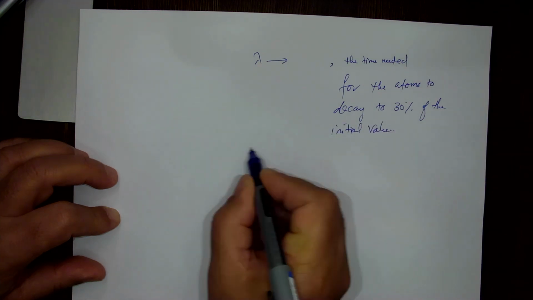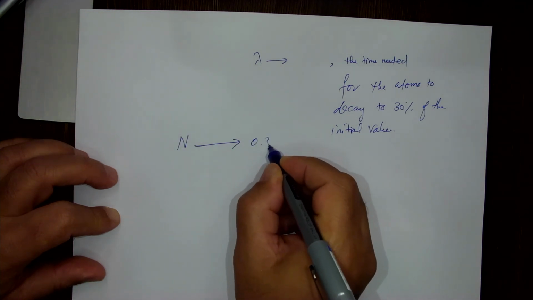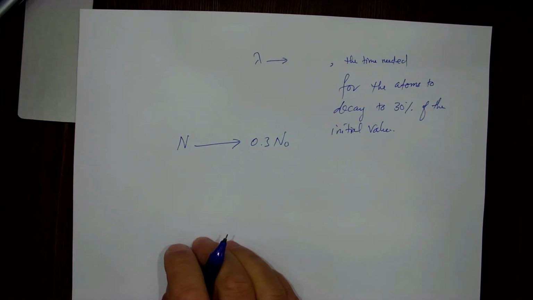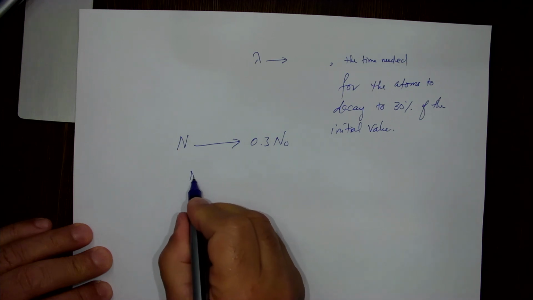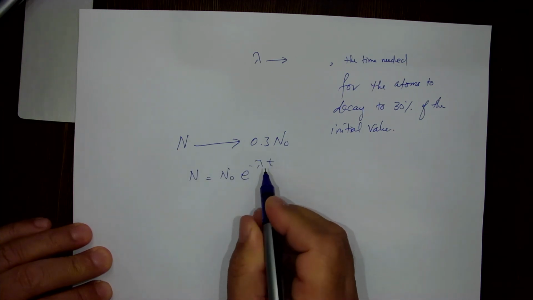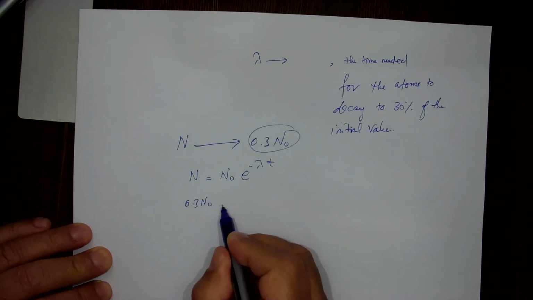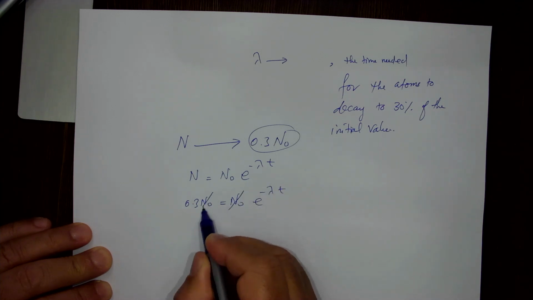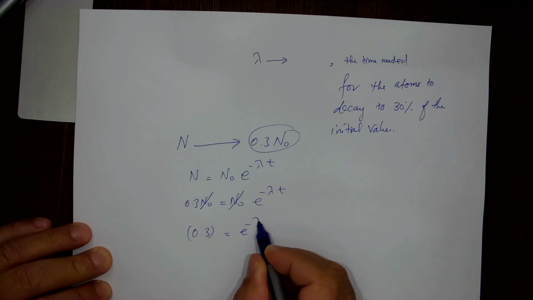So this means that N goes to 0.3 N0. Okay, so 30% have been decayed. So in my expression, N is equal to N0 e to the minus lambda t, with N being 0.3 N0. So 0.3 N0 is equal to N0 e to the minus lambda t. The N0s will cancel, and then I have 0.3 is equal to e to the minus lambda t.